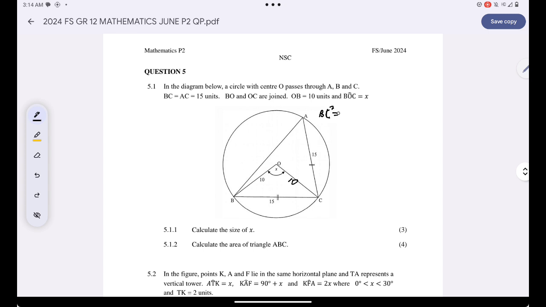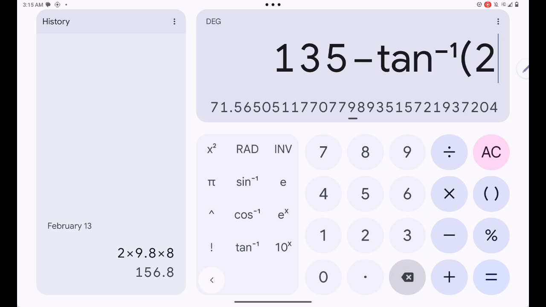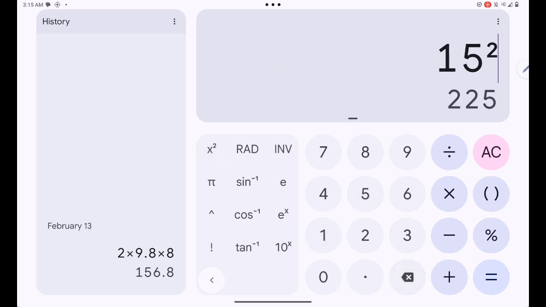BC squared is equal to OB squared plus OC squared minus 2 times OB times OC times the cos of angle O. We know that this is 15 squared, we have 10 squared plus 10 squared minus 2 times 10 times 10 cos of x. 15 squared, I believe, is 225. Let me confirm. Yeah, it's 225.